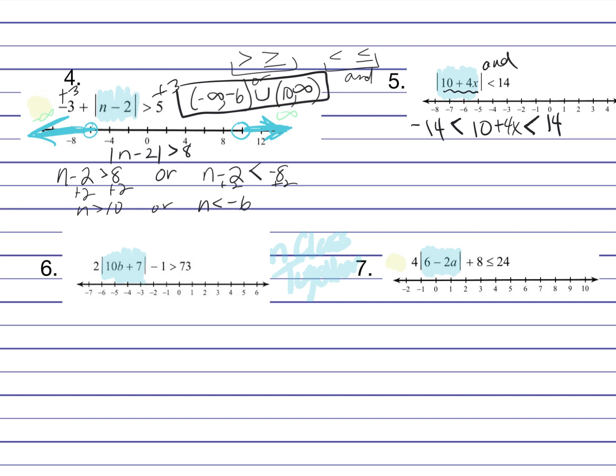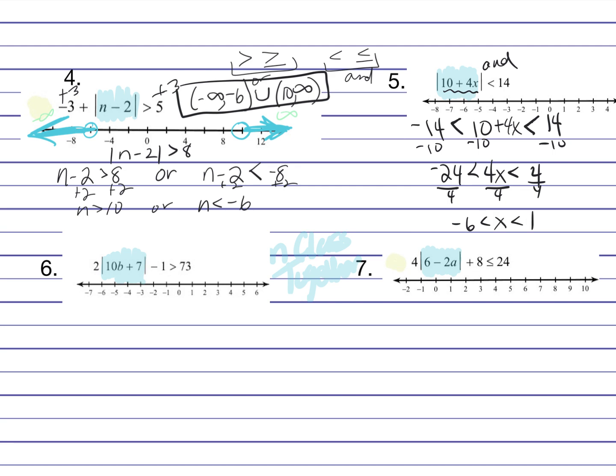And then you want to get x alone, so get rid of adding 10 first by subtracting 10. So negative 24 is less than 4x, which is less than 4. Then divide by 4 to get x alone. Negative 6 is less than x, which is less than 1.